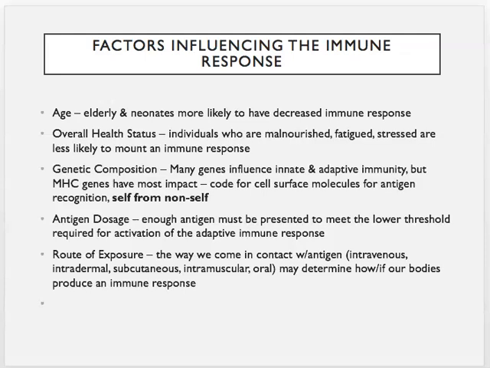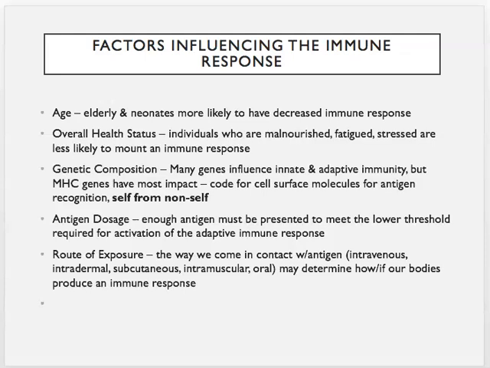Genetic composition. There are a lot of different genes that influence innate and adaptive immunity, but MHC, or major histocompatibility genes, have the most impact. They code for cell surface molecules for antigen recognition. So it's this part of our bodies that helps us recognize self from non-self.